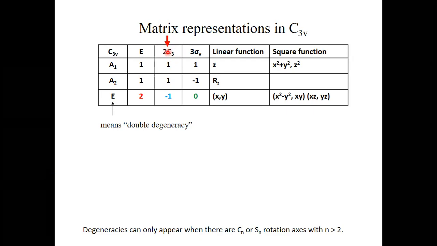That means that they have the same characters in their respective irreducible representations. Because of that, we can say that they perform similarly, analogously, equivalently. And we have here the 3 sigma V symmetry operations, which are also grouped together within one column, meaning that they belong to the same class. Also, they have the same characters in the irreducible representations.